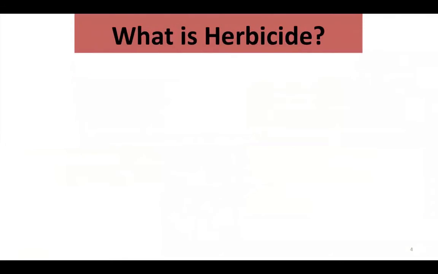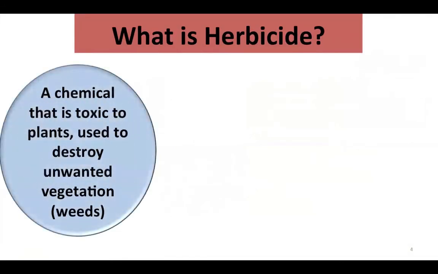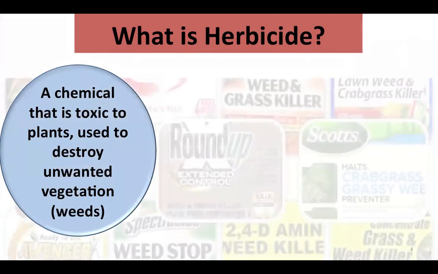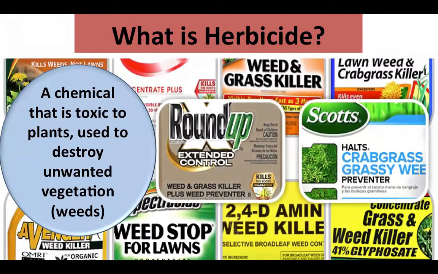So what is a herbicide? As I have discussed in detail, if you want to define this term, this is called a chemical which is toxic to plants, which is also used to destroy unwanted vegetation, which is called weeds.